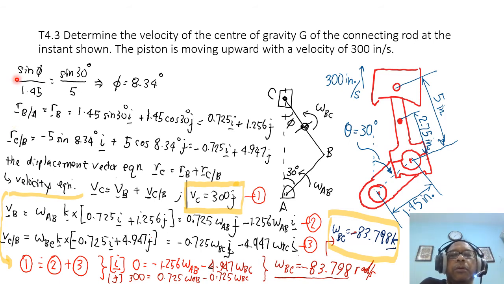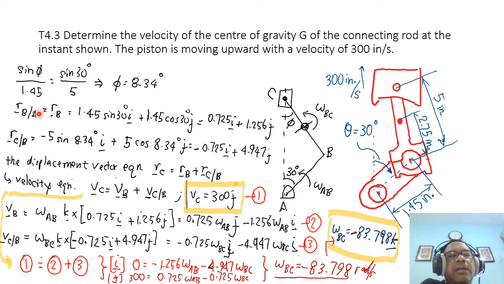So sine 30 degrees. In order to solve this, I've constructed this diagram to show that I need this angle phi, and I use the sine relationship, sine law, to find what phi is, and I can calculate phi to be 8.34 degrees.